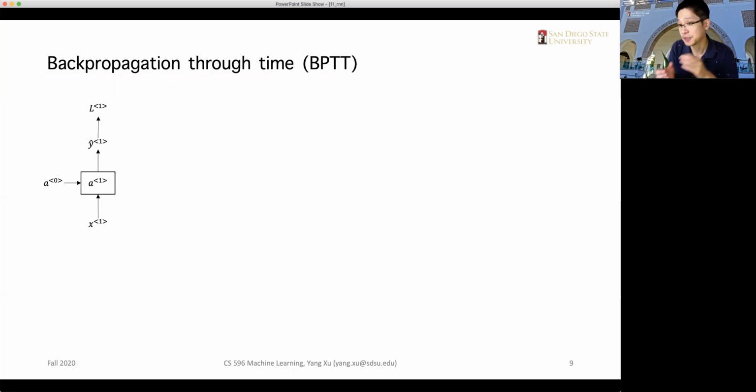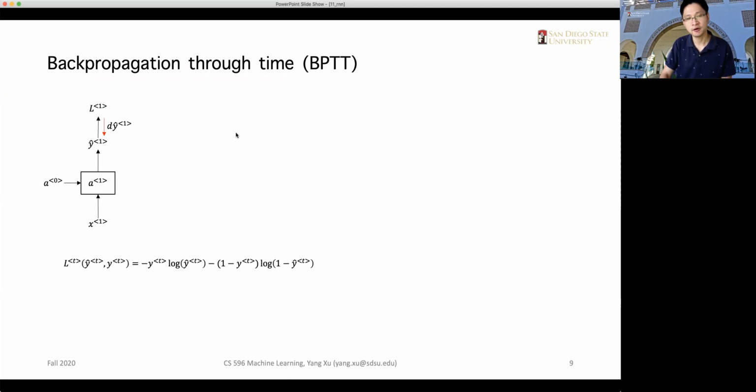Then we will have some loss computed. The L1 loss describes how different or how far away y hat is from the ground truth. Then this loss will be used to compute some gradients for the parameters, right?